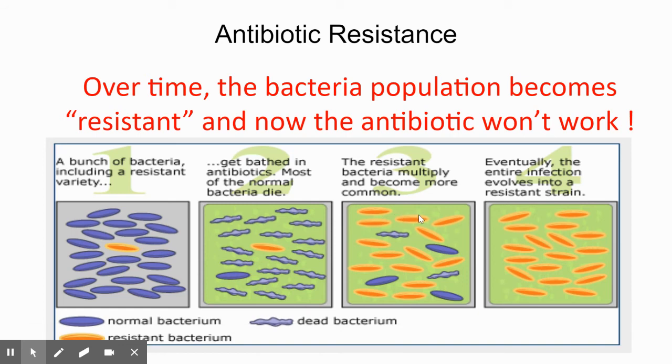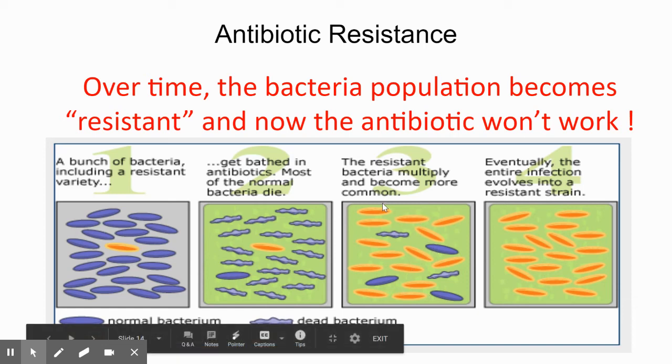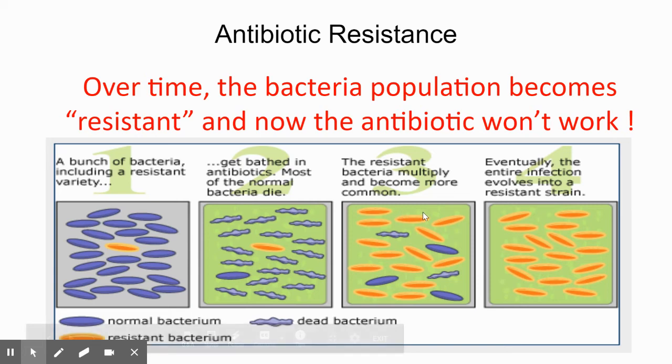And then you take more of your antibiotic. It's going to kill the normal bacteria, and then our resistant bacteria are going to survive, reproduce, and pass on that trait.